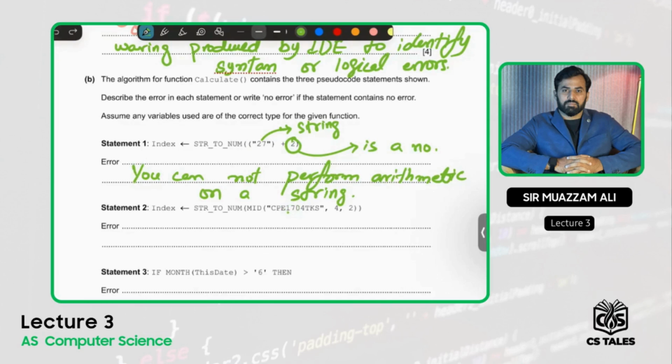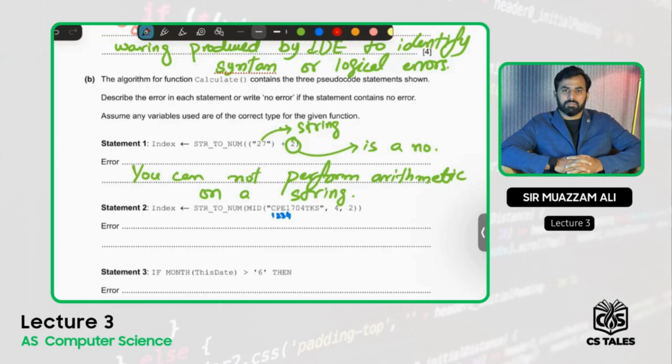In this one we don't have any error basically. This is a clear index str to num and then mid, how many characters it is asking to take from 4. Where is 4? We need to count 1 2 3 and 4.